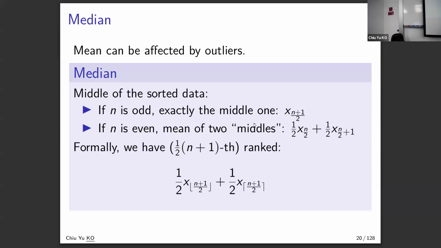Suppose you have only 2 observations, where's the middle? It's 1.5. But how can I calculate 1.5? It's the midway between first and second, so that's why we average, taking half. If you have 4 observations, the middle is 2.5, halfway between the 2nd and 3rd. Actually, this is what we call linear interpolation.